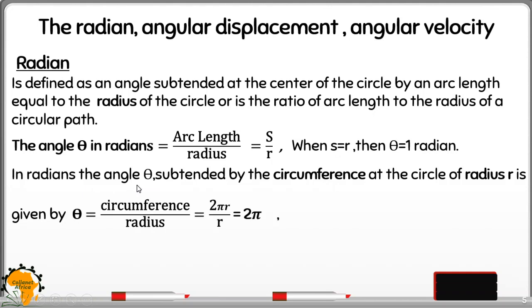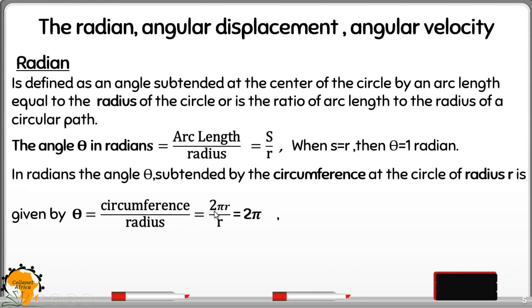We can also look at the angle subtended by the circumference. Remember, the circumference is 2 pi r. So we want to see the angle subtended by the circumference at the center of the circle. Our angle theta here is equal to our arc length, which is now the circumference, divided by the radius.